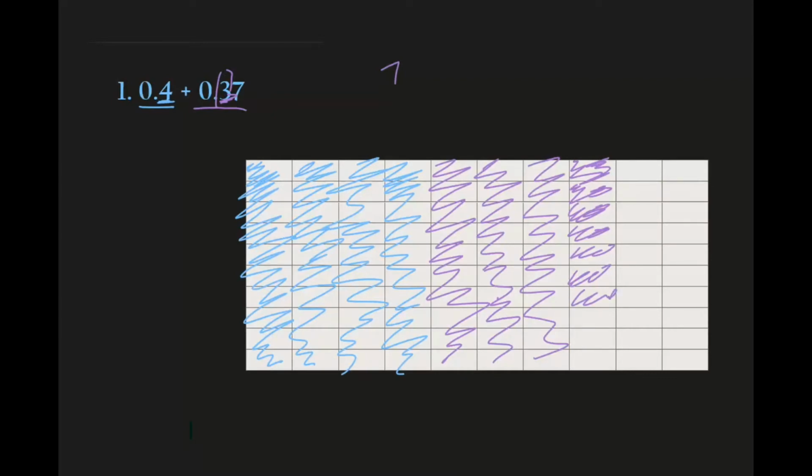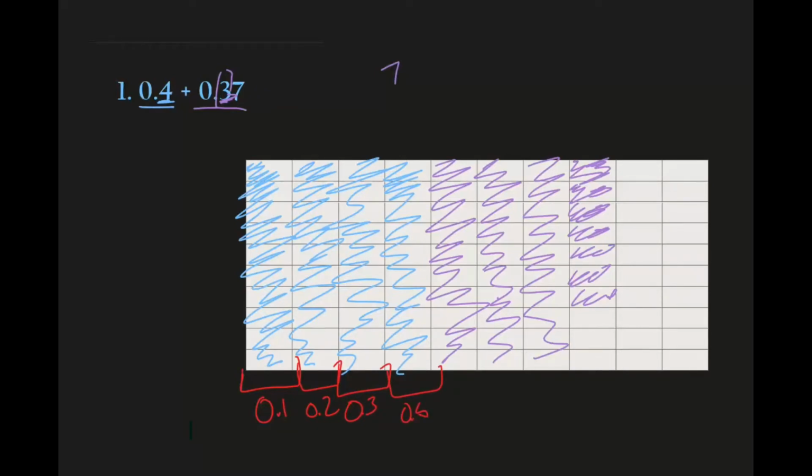Now we're simply just going to count how many blocks we have. I'm going to use a different color for this so it looks better. So right here, we have 0.1, then 0.2, then 0.3, then 0.4.